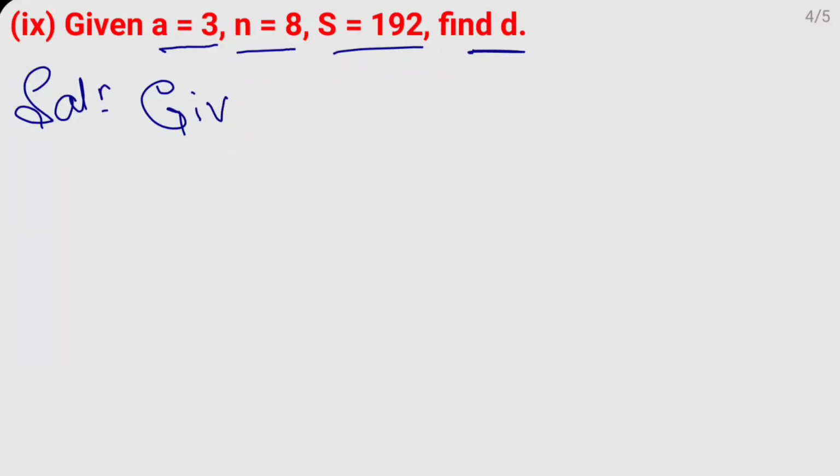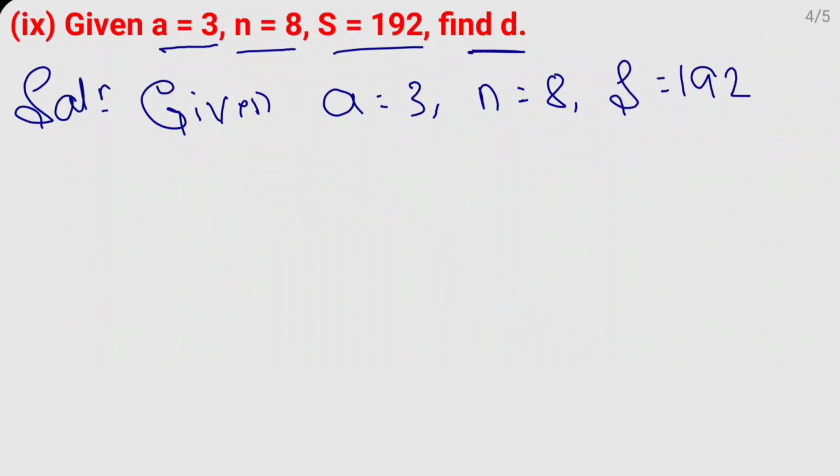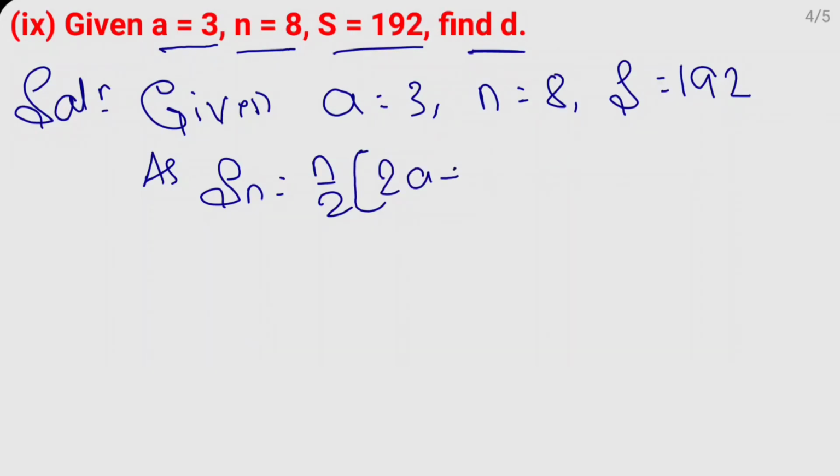Given A is 3, n is 8 and s is 192. As we know that Sn equal to n by 2, 2 into A plus n minus 1 into d, right?